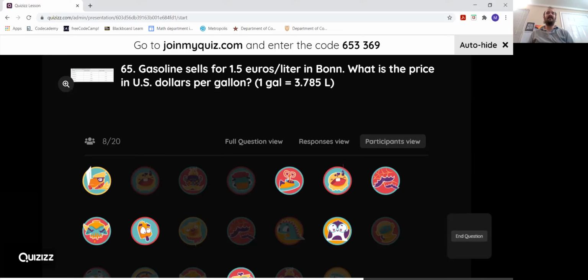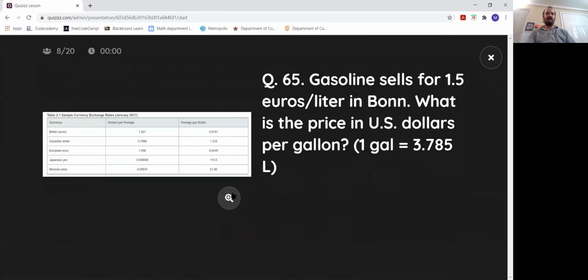So we have to convert euros to dollars, and we have to convert liters to gallons. Looking at this table, you should be using the row that says euros.